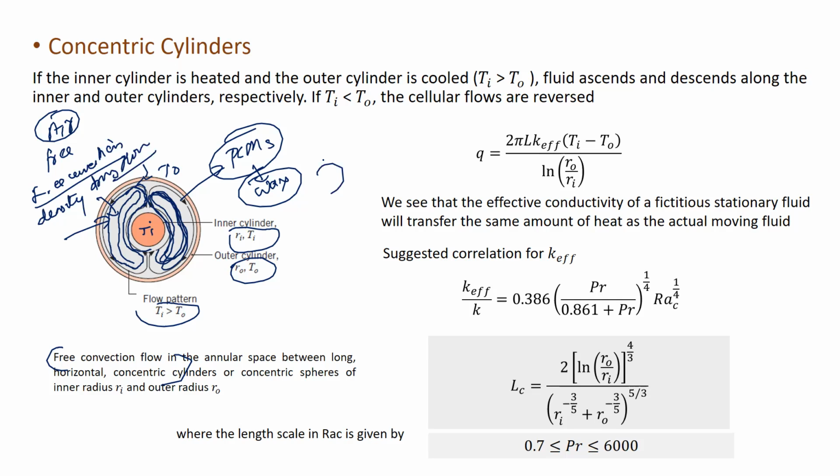So in the case of a PCM, maybe paraffin wax, the PCM would melt, finally settle down, and they can recirculate together. So conduction is not the only thing playing a role, convection also plays a part.